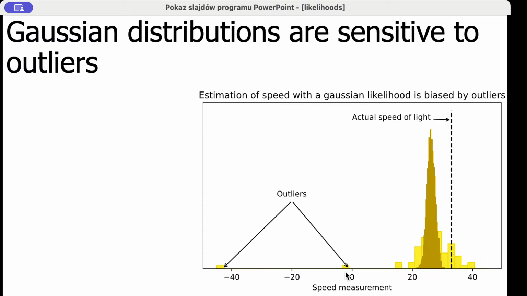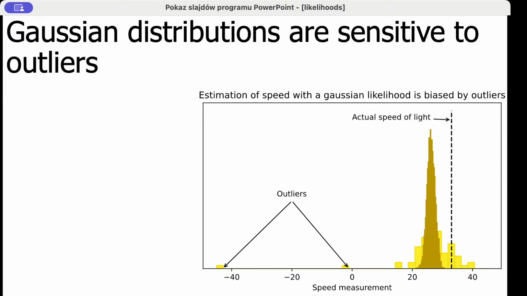So if we estimate the actual speed of light using this model, we will have a problem, we will fail, because there are outliers happening, and our Gaussian model is sensitive to outliers. That's why Gaussians were often the first choice, but are not necessarily the only choice.